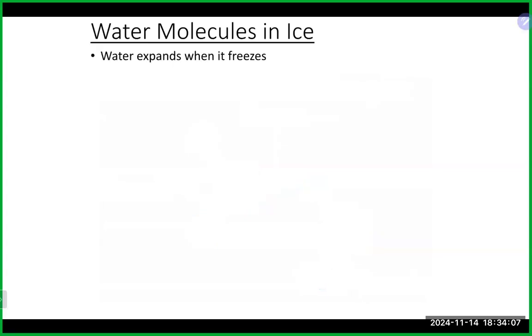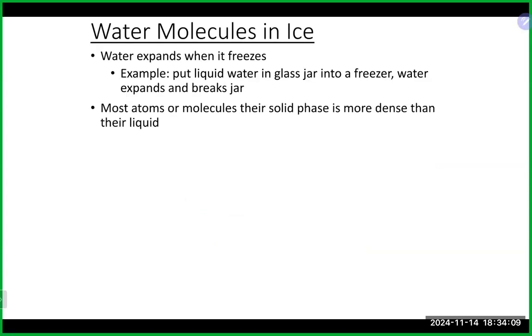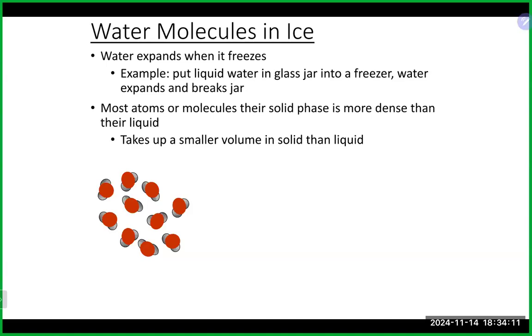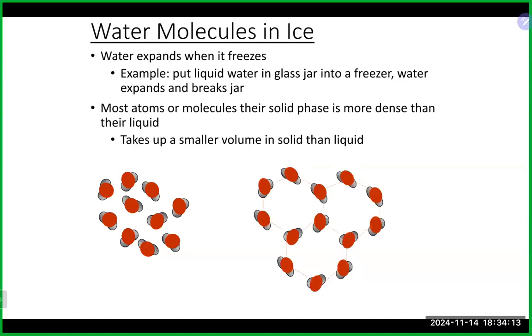Now, water molecules in ice tend to expand because of that. If you've ever put a soda can in the freezer and forgot about it, and you come back later, the bottom of it is bulging, right? That's because as the water molecules in the soda start to freeze, they have no room to go, so it expands your aluminum can as best as it can.